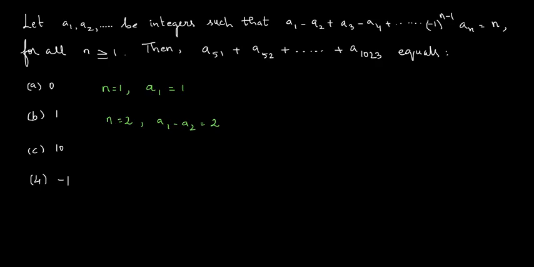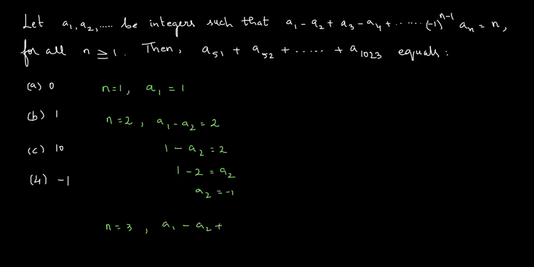We already know the value of a1, so we can put a1 is equal to 1, and then minus a2 is equal to 2. Now a2 is nothing but minus 1.